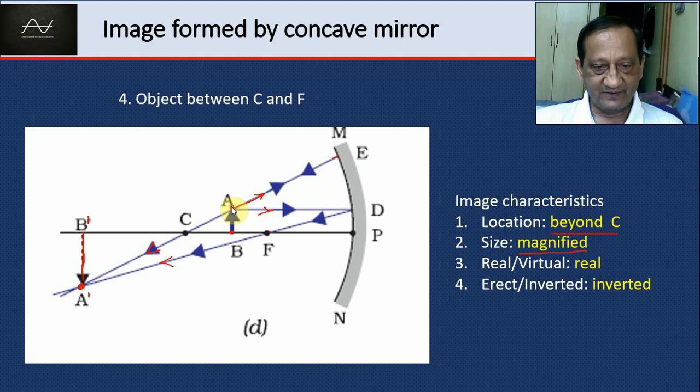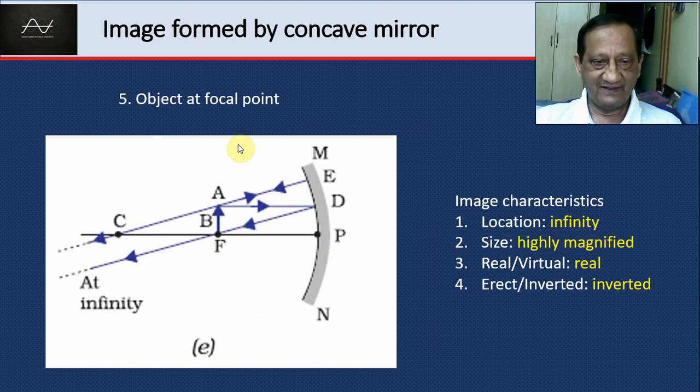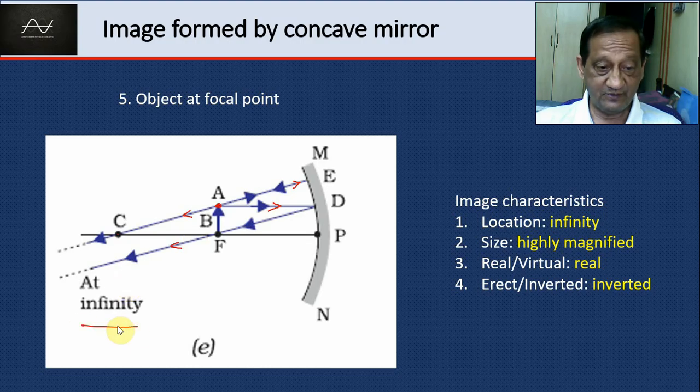Now let's bring it closer and put it at F. What do you expect? The size of the image should increase. Alright, so this object now is at the focal point. From A, I take a ray parallel to the principal axis, it passes through the focal point and goes off like this. Another ray falling perpendicularly will retrace its path and go from C. You can see that these rays are parallel to each other, so they only meet at infinity.